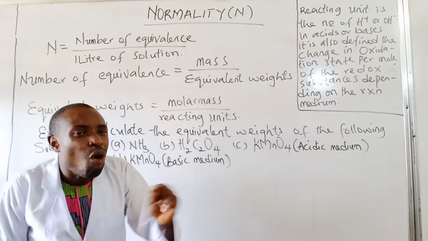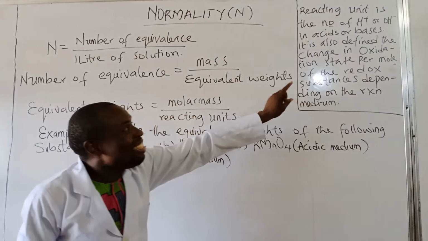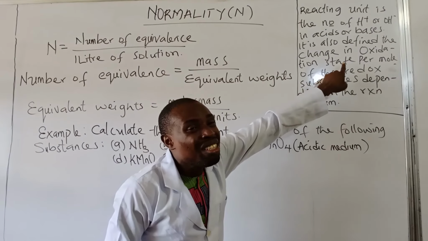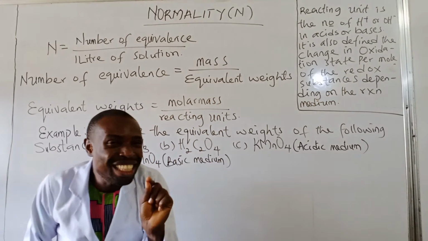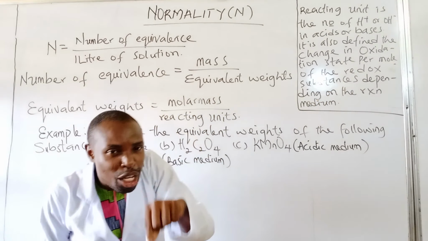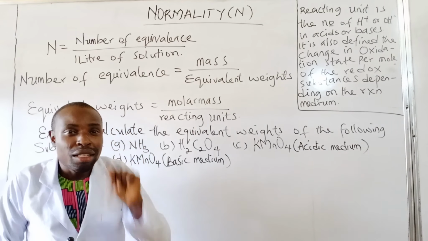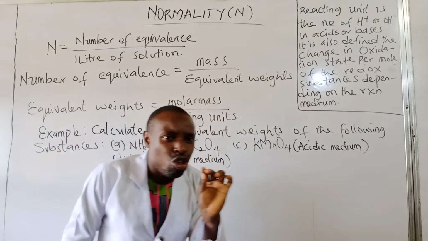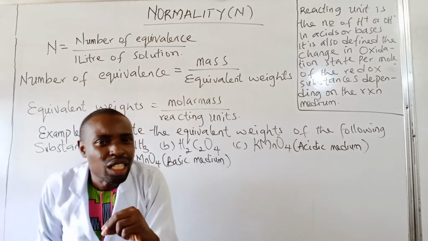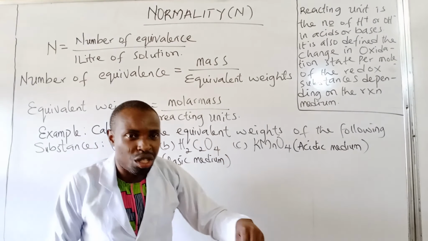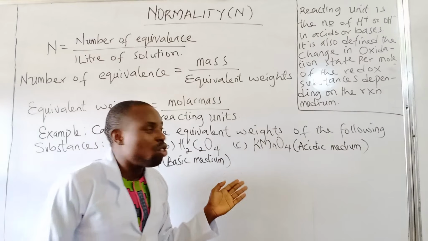In terms of redox, the reacting unit is the change in oxidation state per mole of the redox substance, depending on the reaction medium. The inability to get your reacting unit from your redox will pose a big problem in getting your answers.